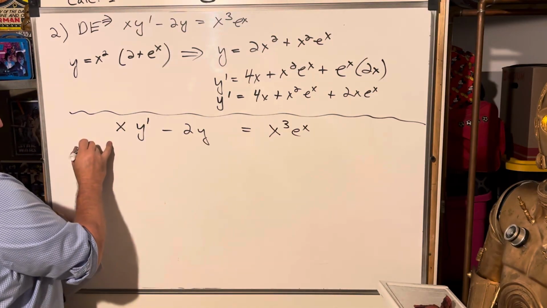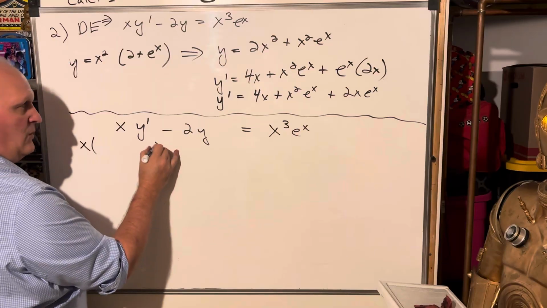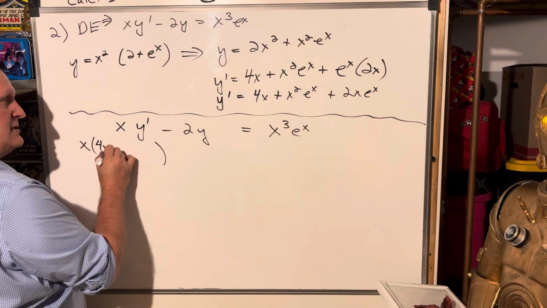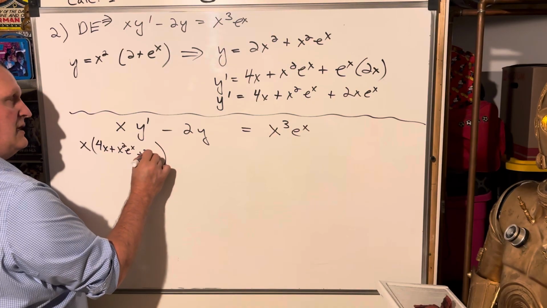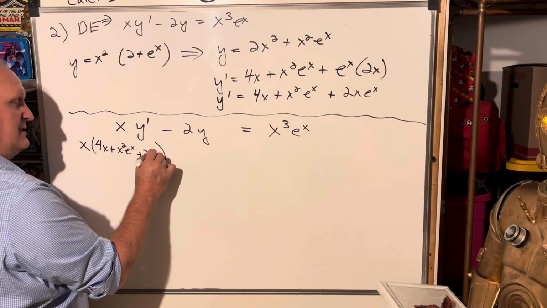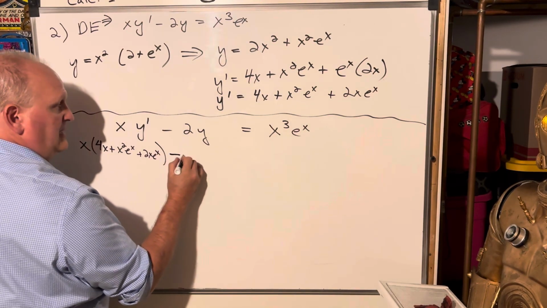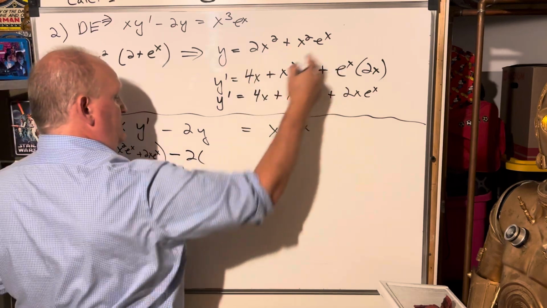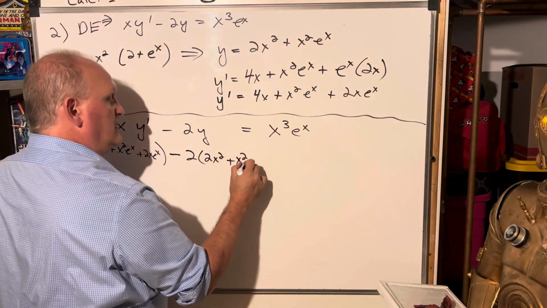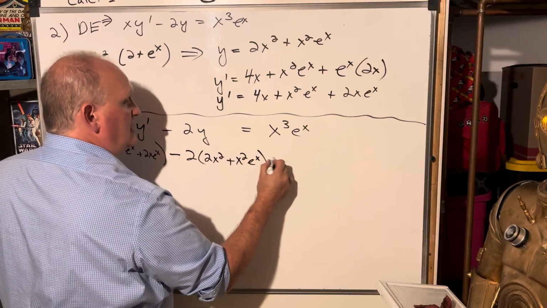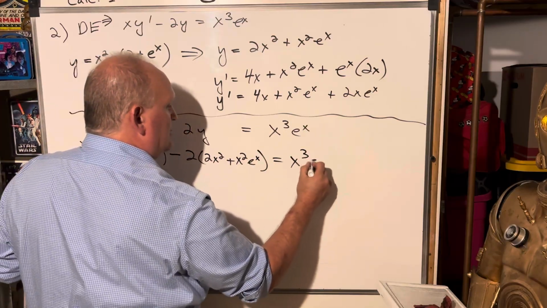I'm going to leave the x, but now for y prime, I'm going to put in 4x plus x squared e to the x plus 2x e to the x, minus 2 times 2x squared plus x squared e to the x, and see if that equals x^3 e^x.